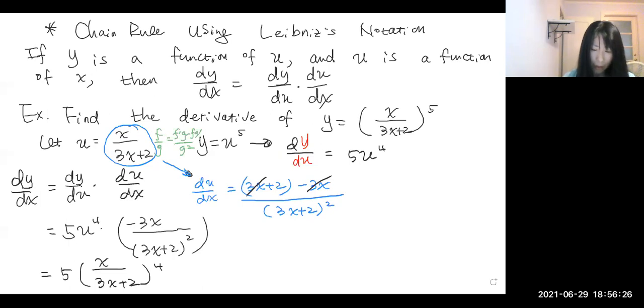Now negative 3 times 5, which is negative 15. So let us make a negative 15 there, then x over 3x plus 2 to the 2nd power, right?